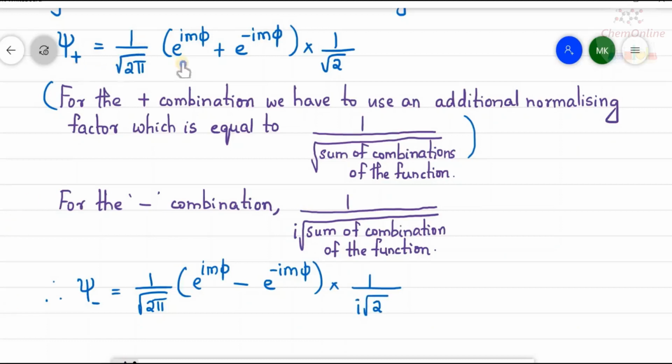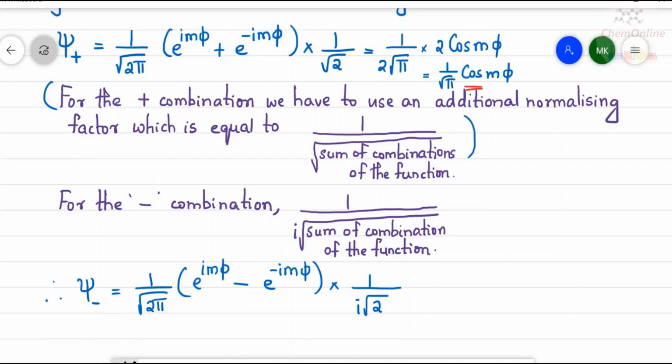So here we have xi plus equals 1 by root 2 pi, e raised to im phi plus e raised to minus im phi. So this will be equal to 1 by 2 root pi, e raised to im phi plus e raised to minus im phi, which is nothing but 2 cos m phi. So we can write into 2 cos m phi. So this is equal to 1 by root pi cos m phi.